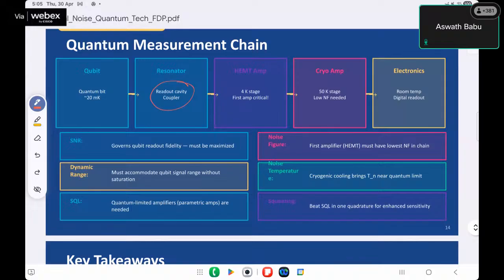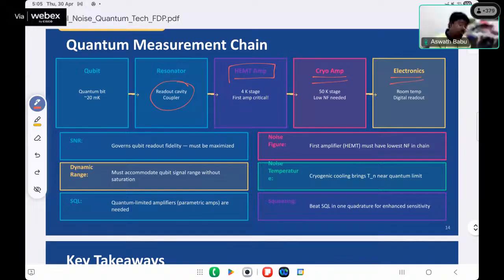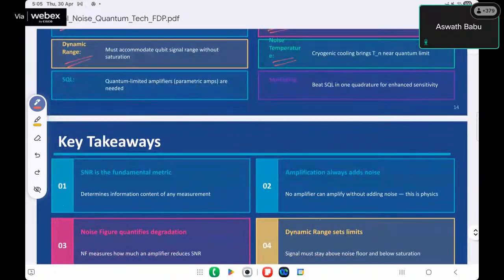Then these are the amplifiers we use, the HEMT amplifiers that we saw last time, and cryogenic amplifiers, and conventional electronics used to retrieve the signal. This is the overall quantum measurement chain. Each one comes with its own SNR, dynamic range, noise figure, and noise represented in terms of temperature. All those factors are there, and in that way we study the system.